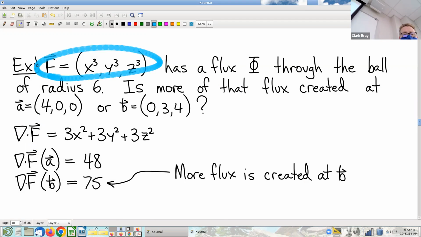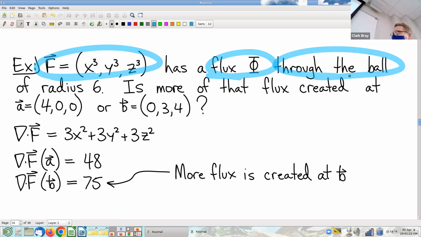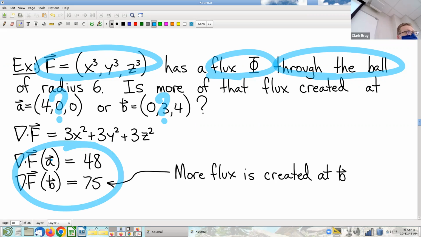So here's an easy little example. Here's a vector field. It makes a flux through a certain ball, whatever. I don't even know how much flux that is, but it creates some sort of a flux. I could very easily address the question of where that flux is coming from. Is it coming more from this point or more from that point? Well, compute divergence. Divergence is the giveaway.